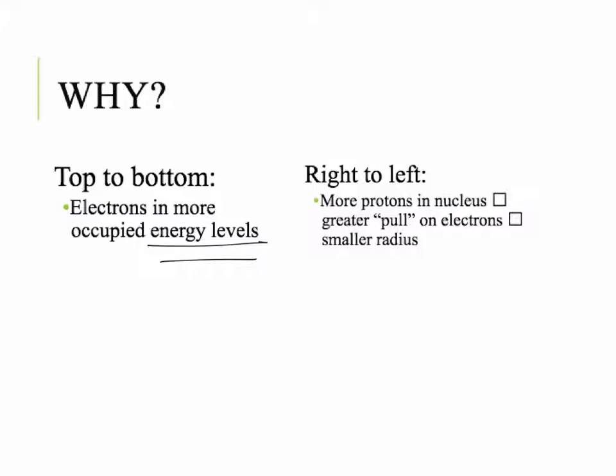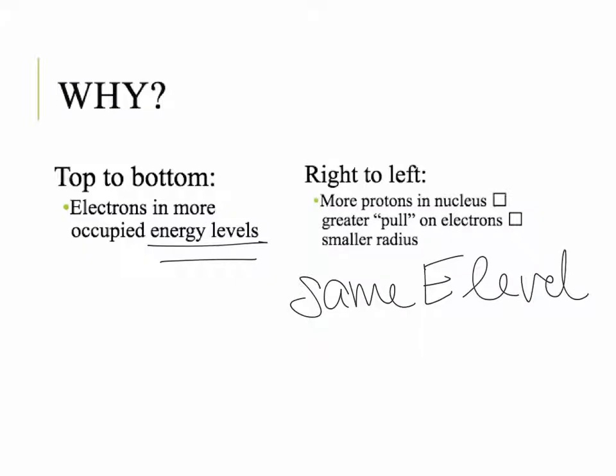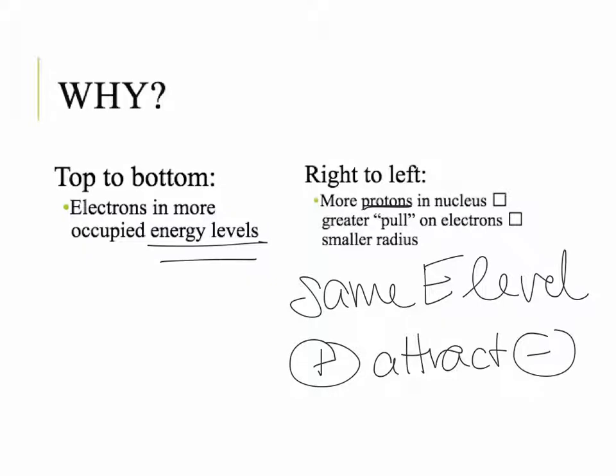Going from right to left, we're talking about now we're on the same energy level, right? So as you move to the right, you're adding one additional proton, and remember, our positively charged protons attract the negatively charged electrons. That's going to be a key thing here. The things that will affect that attraction are, one, how far away they are, and two, how many or how strong that nucleus is.